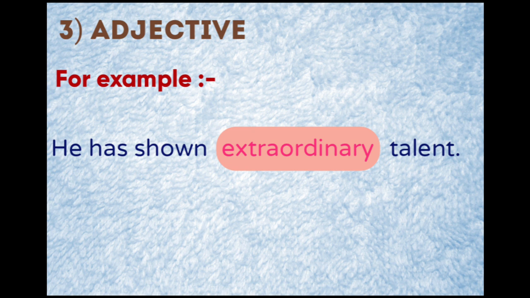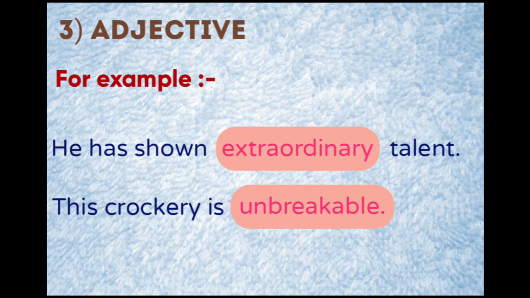For example, he has shown extraordinary talent. Here, what is describing a noun talent? It's a word extraordinary. How was the talent? Extraordinary. So extraordinary here is an adjective which is modifying a noun talent. Okay, let's have a look at another example.